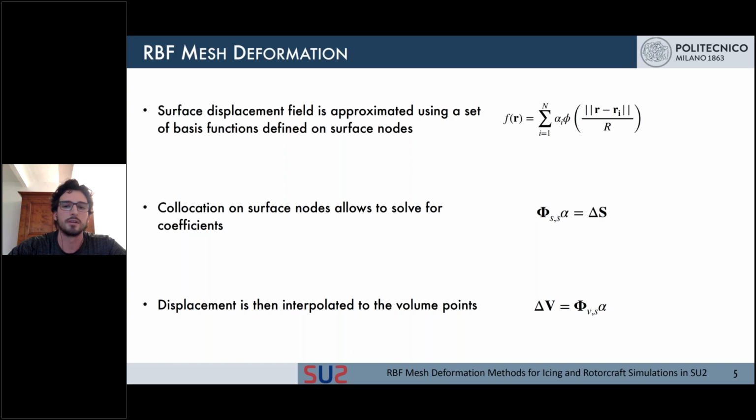And we just use this function to approximate our deformation field, and then we solve the problem for the coefficients of our radial basis function expansion, and after we find the coefficients, we can interpolate our deformation to the volume points.